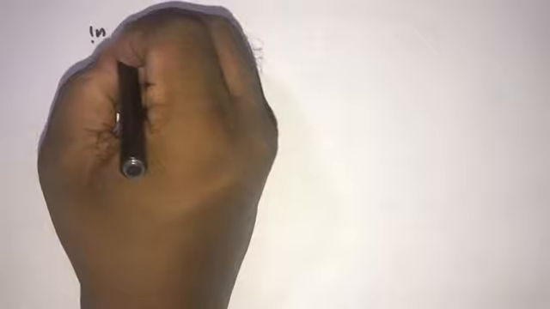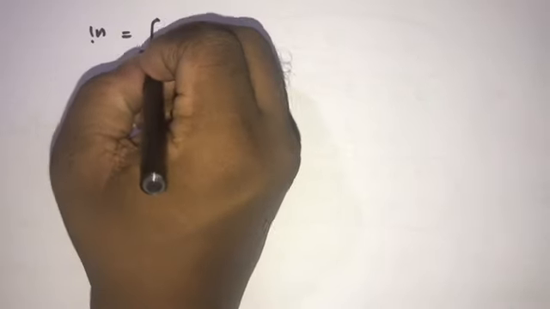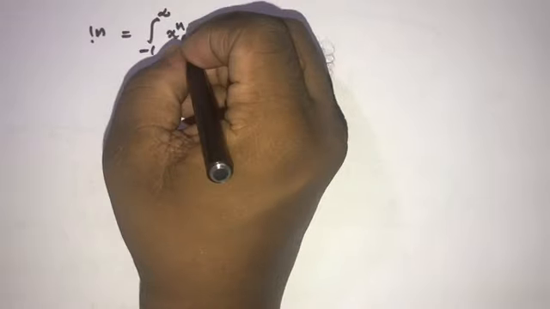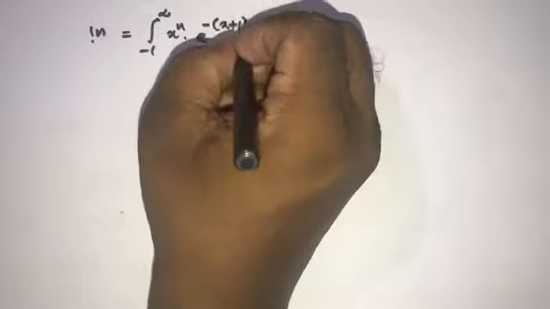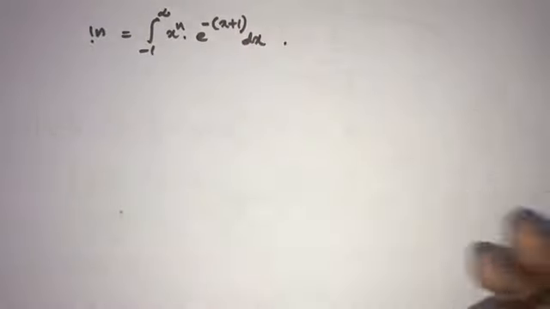Next, we have an integral for the subfactorial. n subfactorial is equal to the integral from minus 1 to infinity of x to the n power times e to the minus x plus 1, dx.